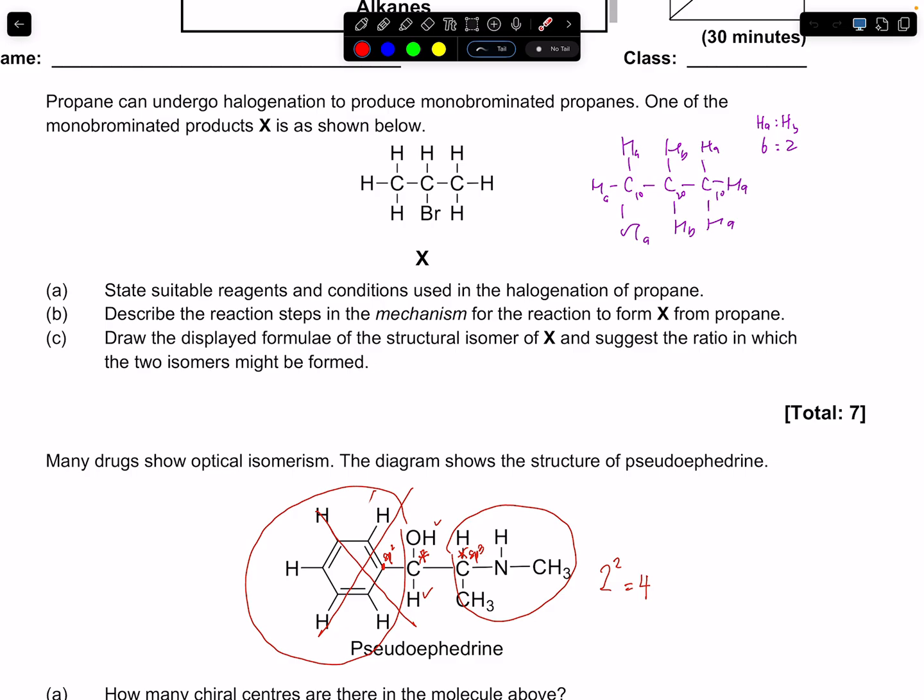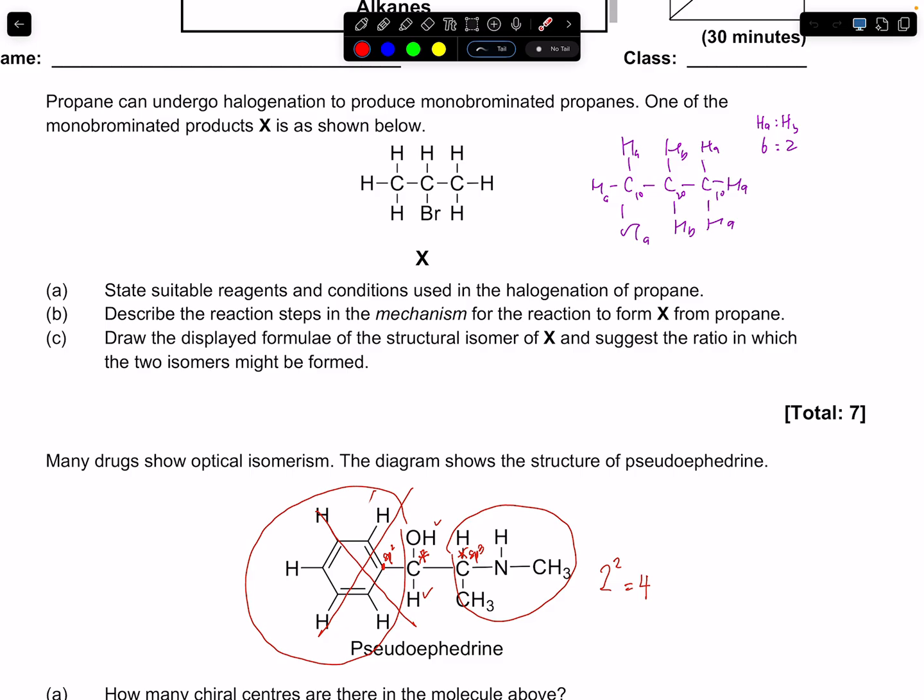For the explanation steps, for termination, is it all three? For question B, isn't it initiation, propagation, termination?